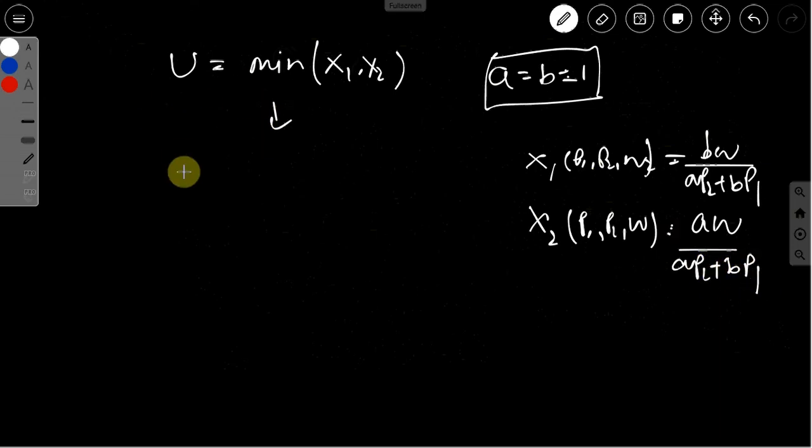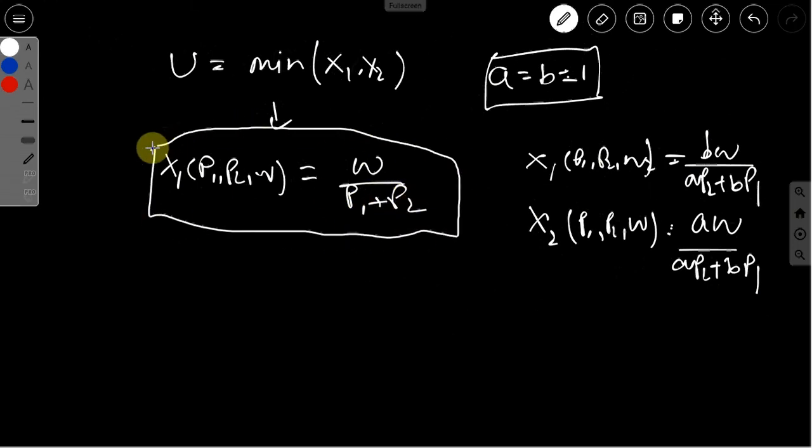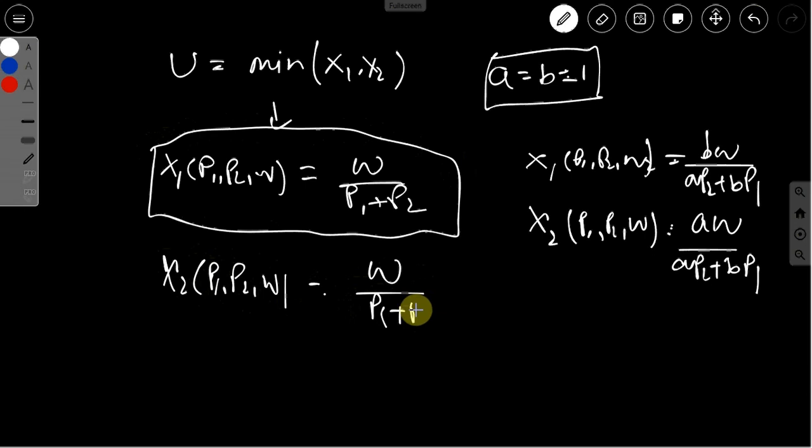So now in this case, the demand function x1 of P1, P2, w, where the values of a and b are 1, is w over P1 plus P2. So this is the Marshallian demand function for x1. And the Marshallian demand function for the x2 commodity, which is a function of P1, P2, and w, is also w over P1 plus P2.